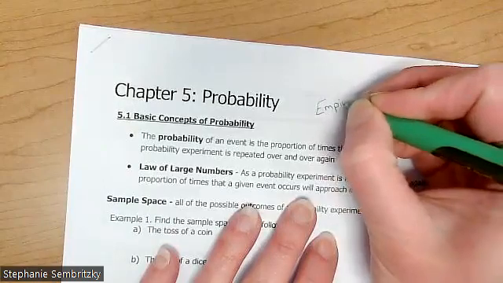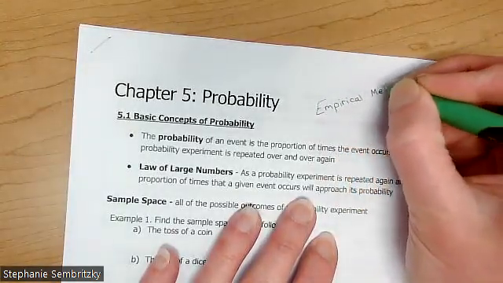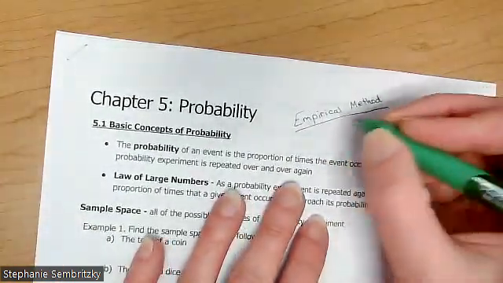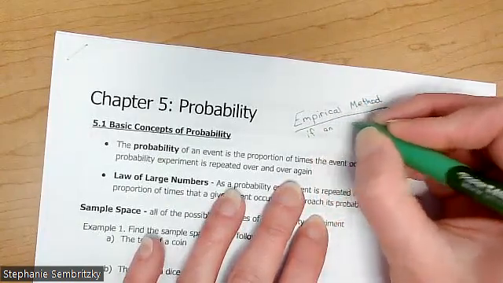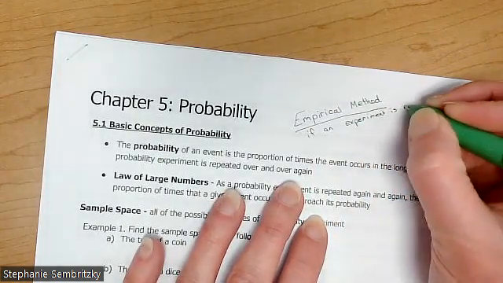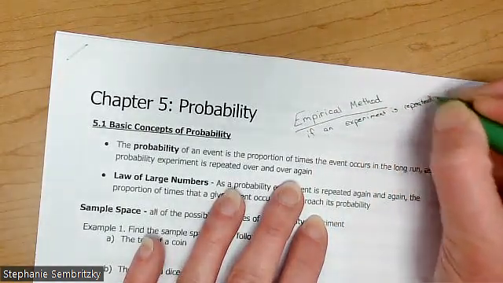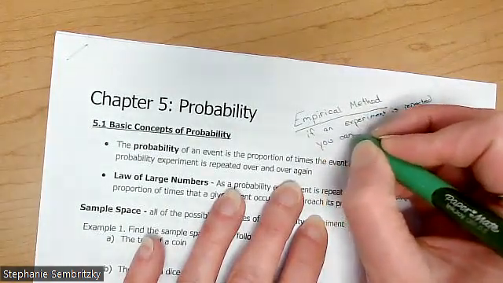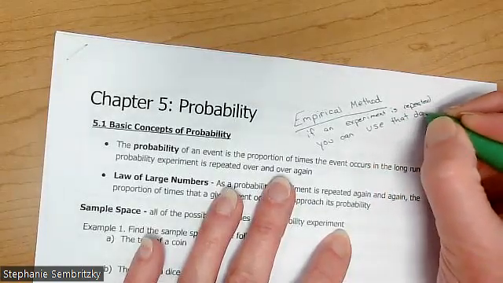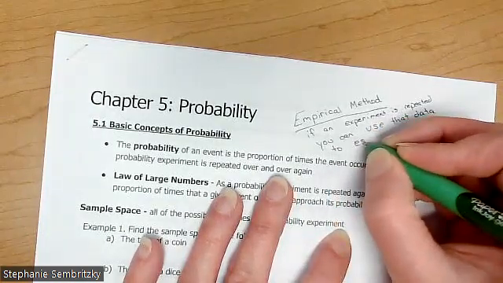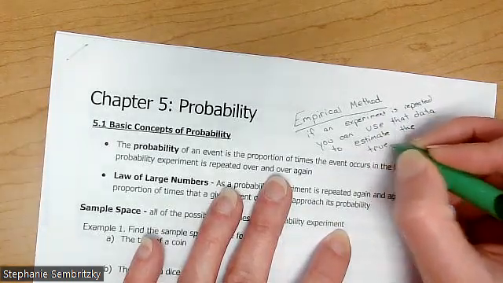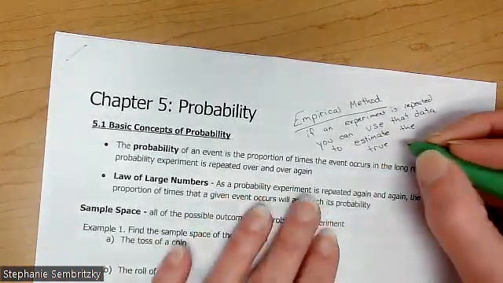Empirical method pops up in the homework, and all that says is that if an experiment is repeated over and over, you can use that data to estimate the true probability. So it's kind of like the law of large numbers, just worded a little differently.